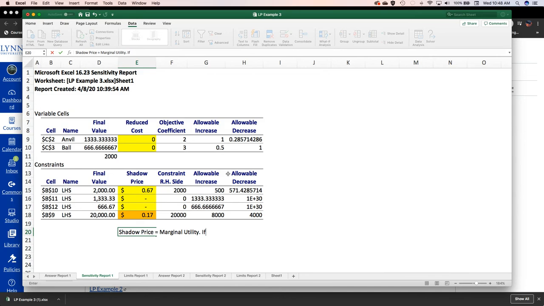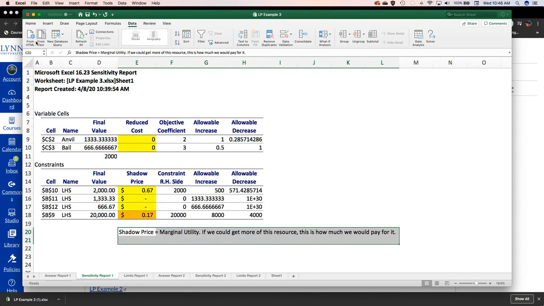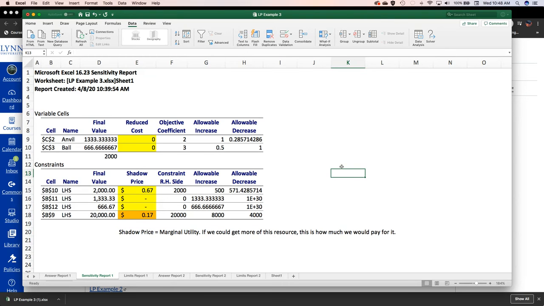Okay. If we can get more of this resource, this is how much we would pay for it. Okay. Does that help?